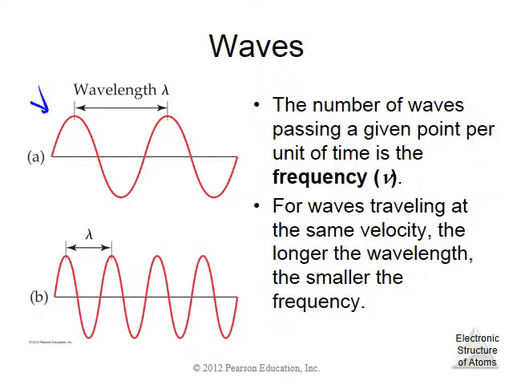If you think that distance is covered per second, the first one would have only 1.5 wavelengths, and the second one would have 1, 2, 3.5 wavelengths. So per second, more waves would be passing for the second one than the first one. So the frequency of the second one is greater than the frequency of the first one, and it matches what we mentioned before. The larger frequency means smaller wavelength, and smaller frequency means larger wavelength.